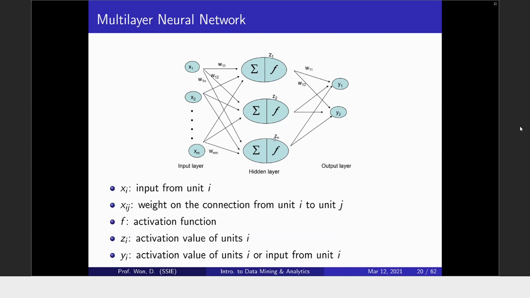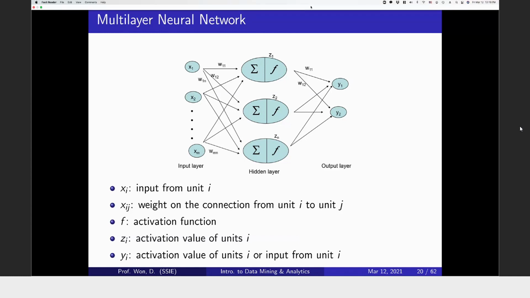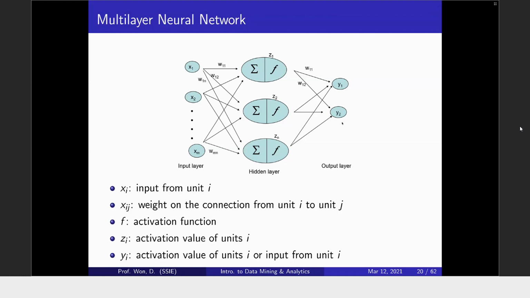Complex means it requires more computation from the input to output. So in terms of equations, let's say we have some inputs, then some function, and then this one is the output.